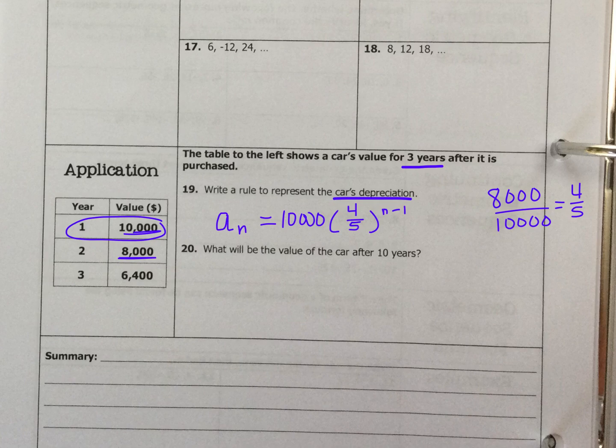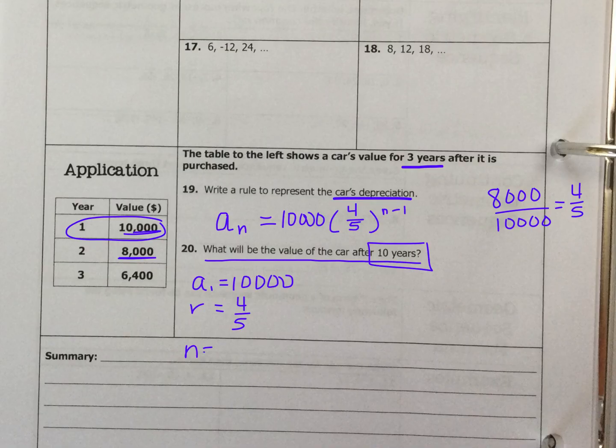And then this says, what will the value of the car be after 10 years? Okay, so I've got my A1, which is 10,000. I've got my r, which is 4 over 5. And now my n is 10 years.